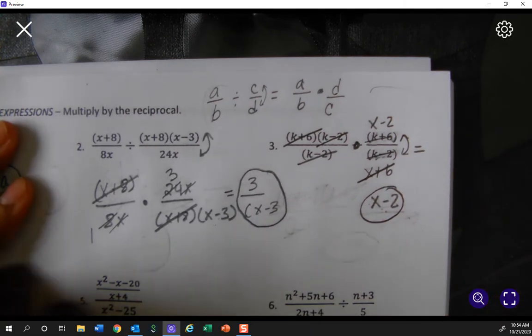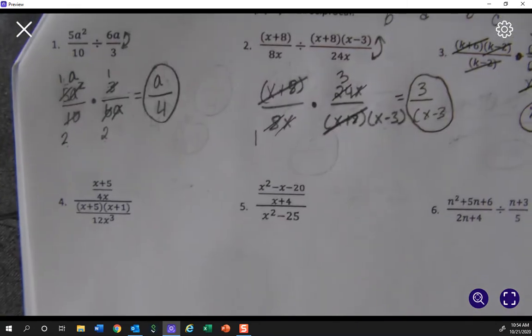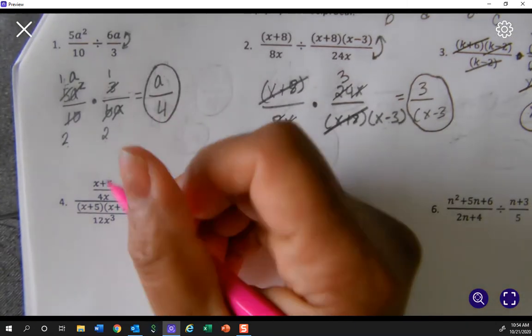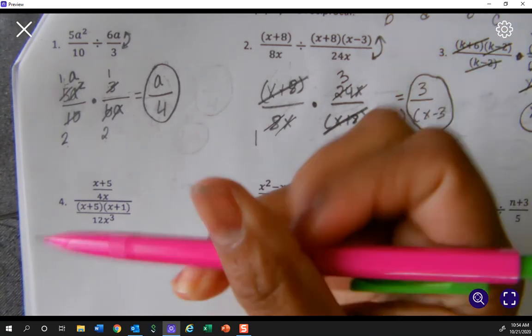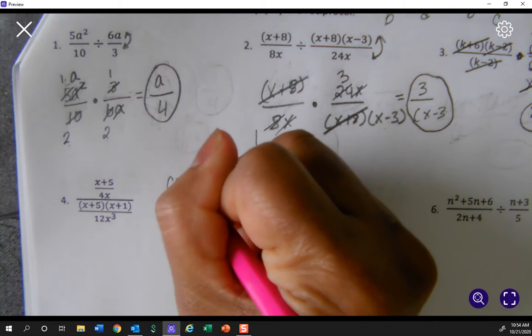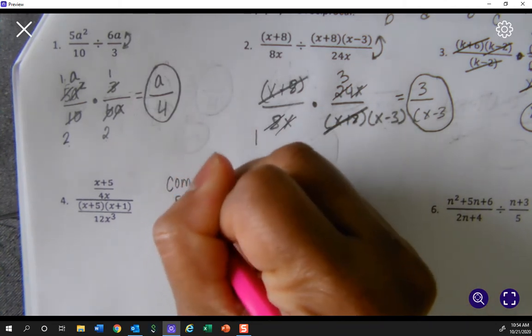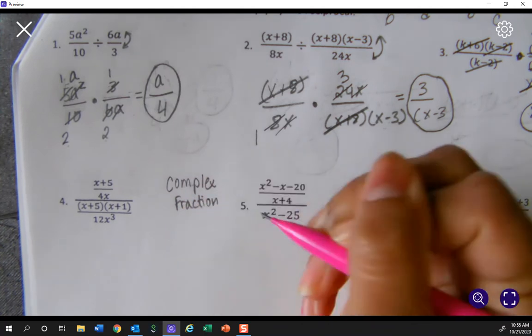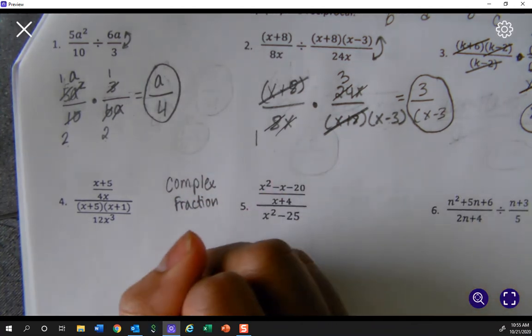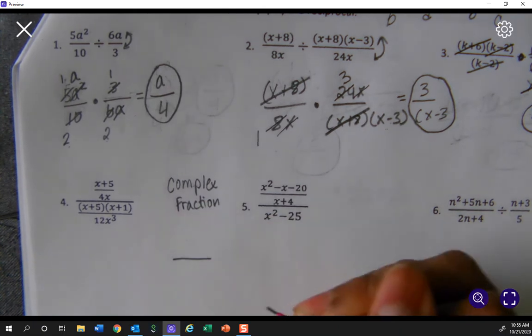And then for number 4, this is also a division problem. Let me just tell you something first. This is called a complex fraction. A complex fraction is basically when you have a fraction bar, and then you have a numerator and denominator.